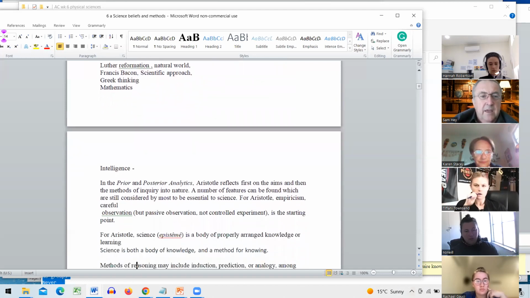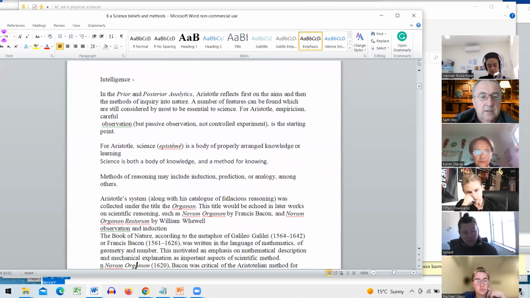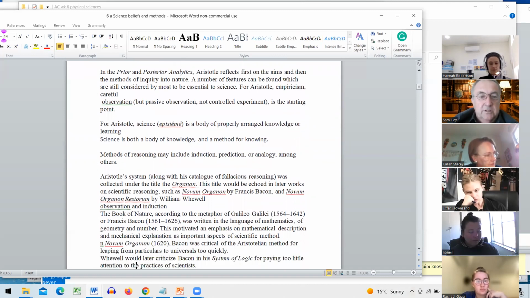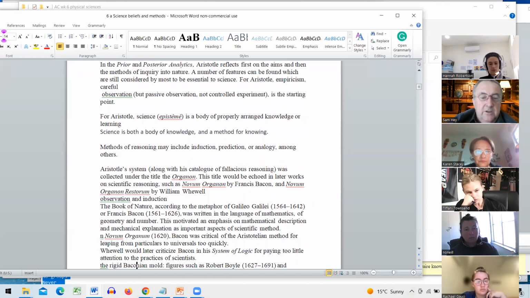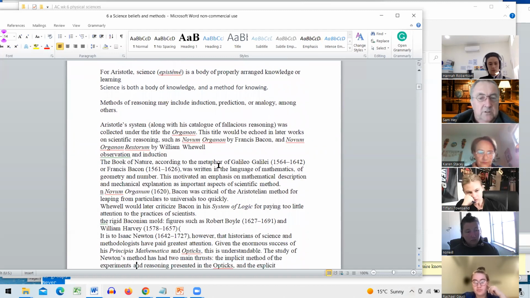And so we have the growth of the scientific approach to things. So Aristotle described the approaches that are used in science. It died out through some of the medieval period, and then it was rediscovered by Francis Bacon in the 1500s.